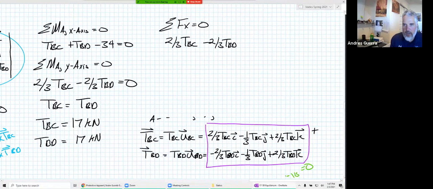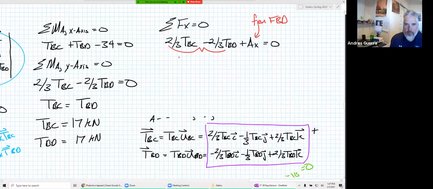And then I also will have a positive Ax. I grab the Ax from the FBD right there. I just grabbed the i components from our TBC and TBD.